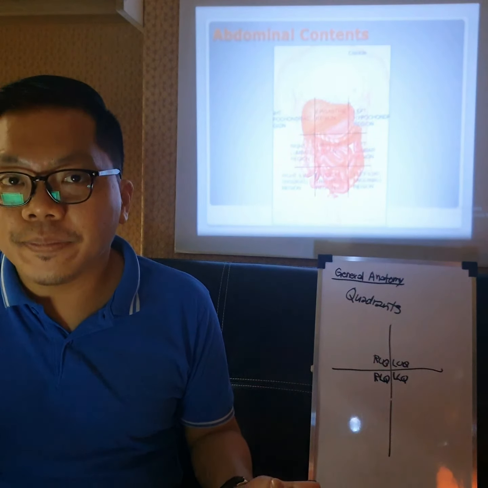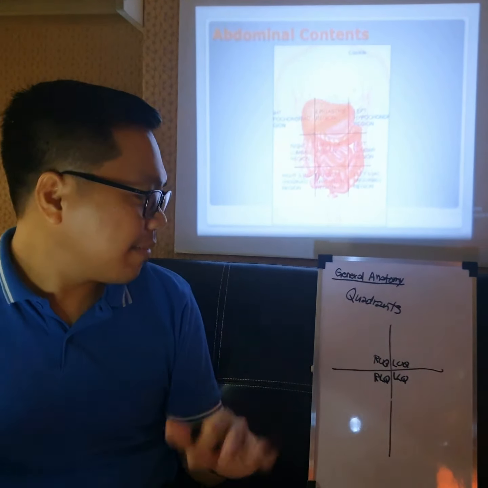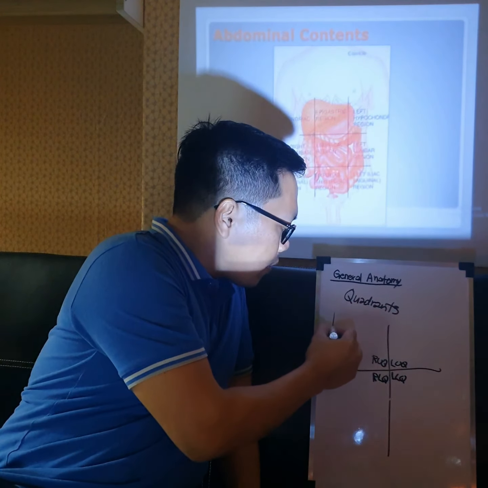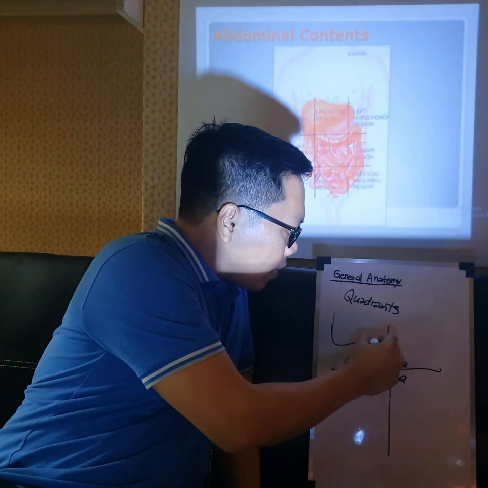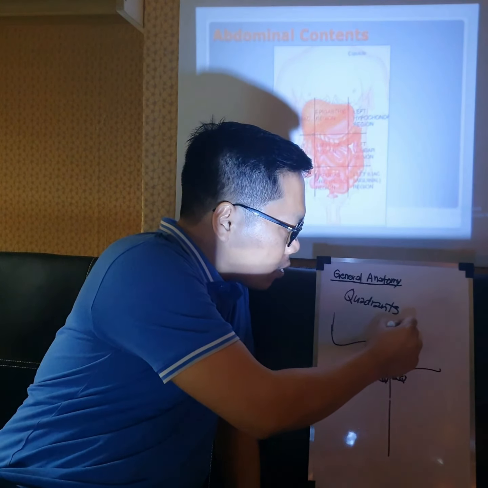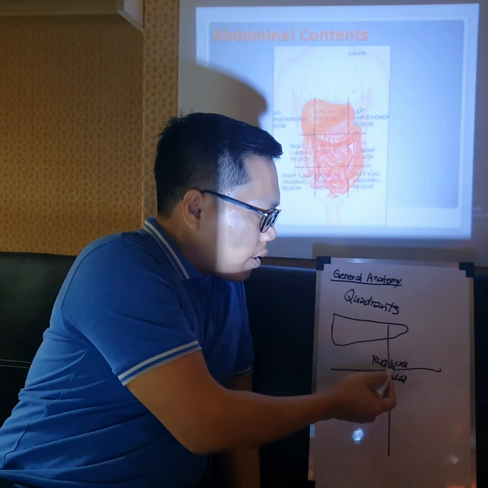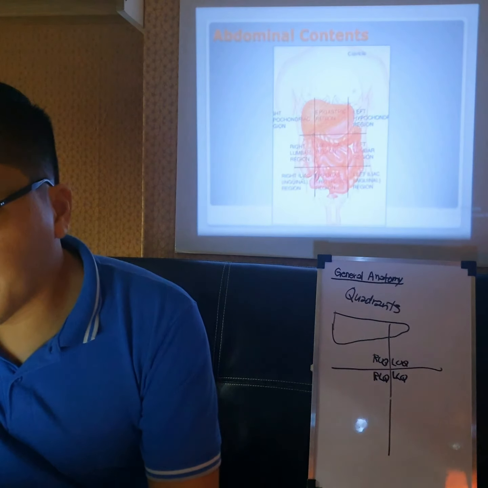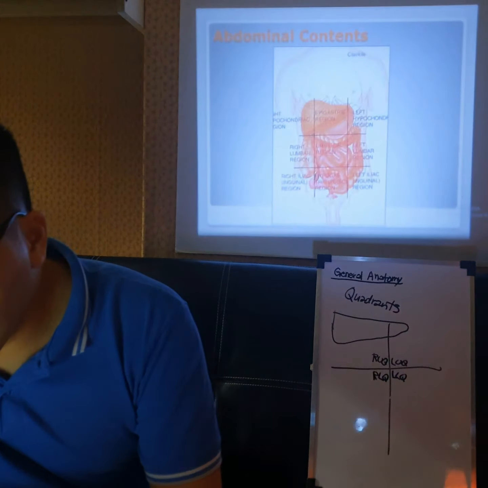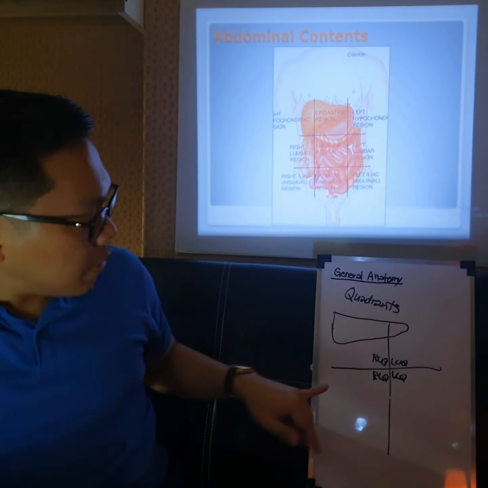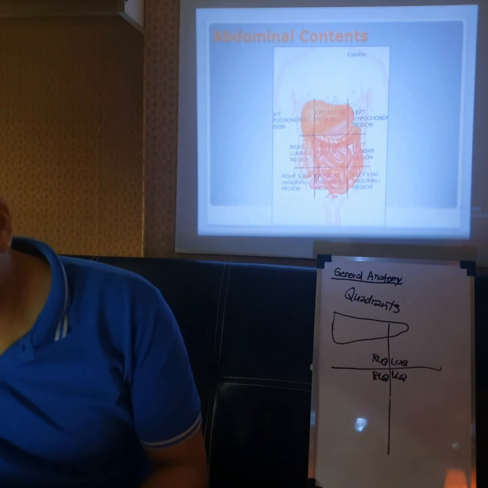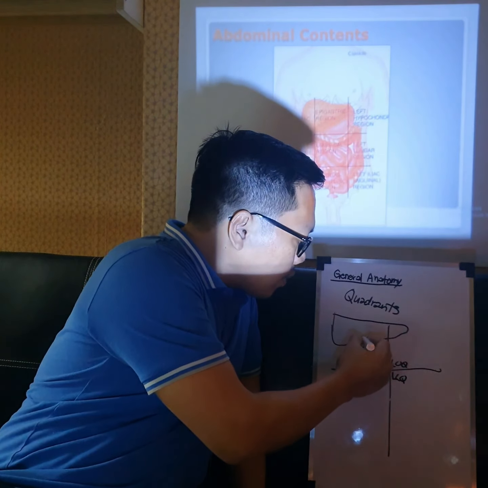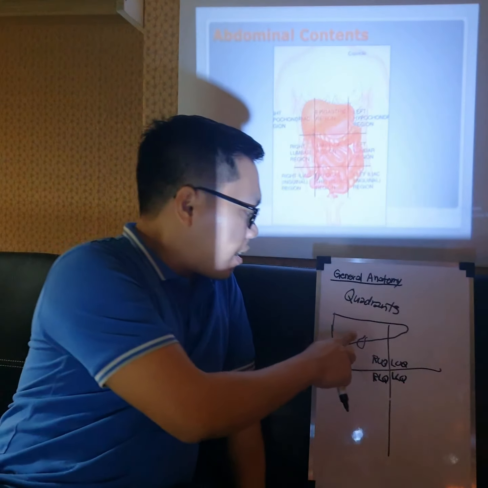But technically, ang liver actually occupies both the right upper quadrant as well may konting portions na nandito sa left upper quadrant. So that's how it goes for the liver. Then sino pa yung ibang structures na makikita natin dito sa right upper quadrant? Of course, sino ba yung nasa ilalim ng liver? Meron tayo ditong structure called the gallbladder.